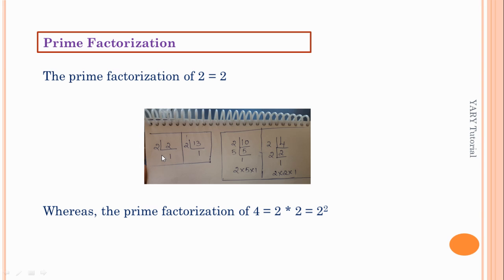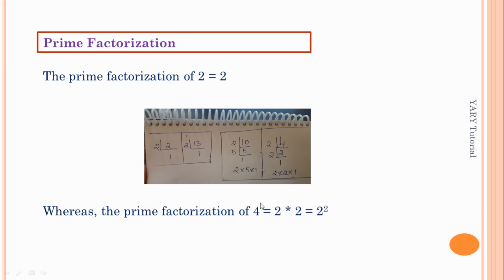As I said, 1 is neither a prime number nor a composite number, so we will be excluding this 1 and writing only 2. So this 2 is the prime factorization of 2.